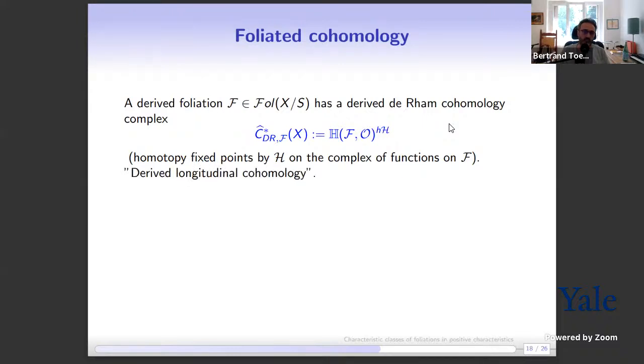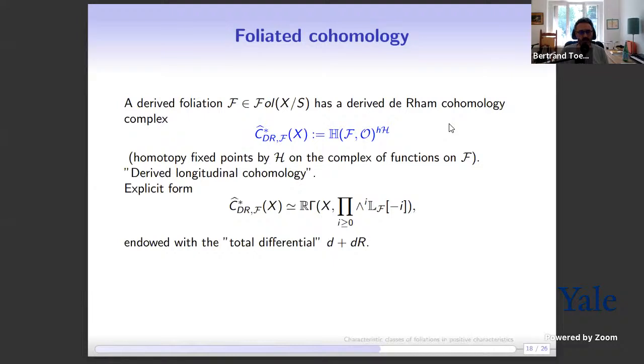And you can name this derived longitudinal cohomology. The explicit form is the following. It's an infinite product of wedge powers of the cotangent complex of the foliation. And the differential is a total differential. There is a little d which is internal to L because L is a complex itself.